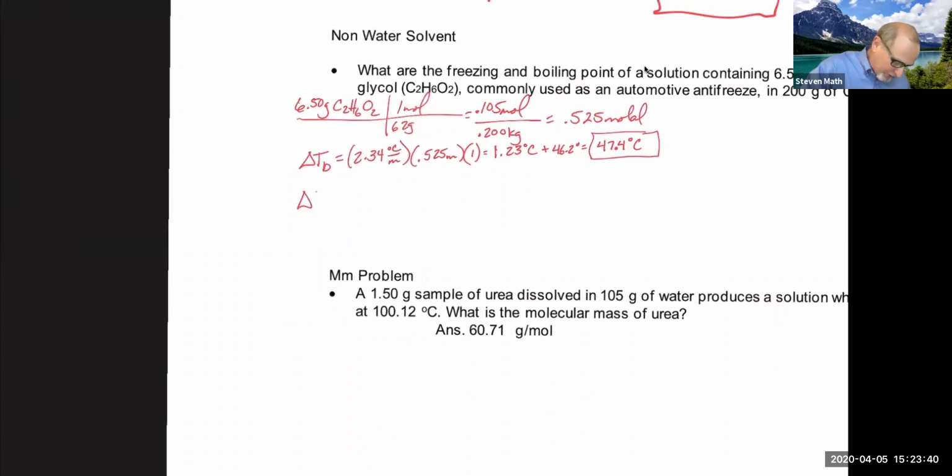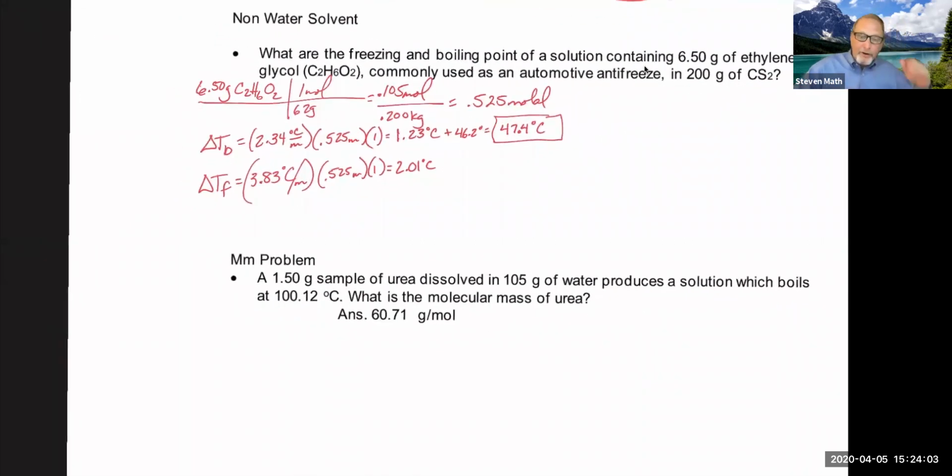So delta TF now, KF is 3.83. Still 0.525, still i equals 1, but now my change is 2.01 degrees Celsius. Now we're not going to subtract that from 0.